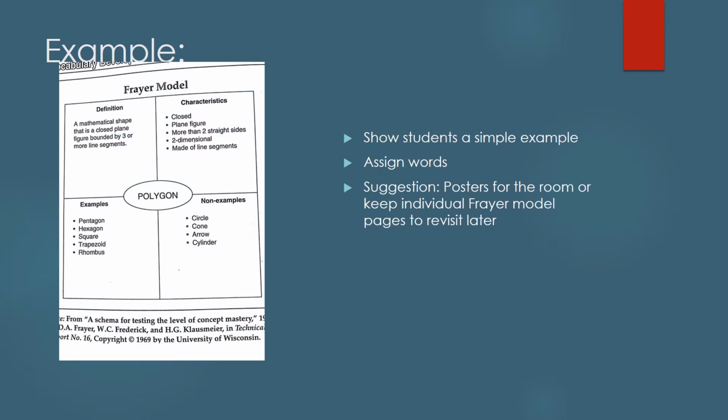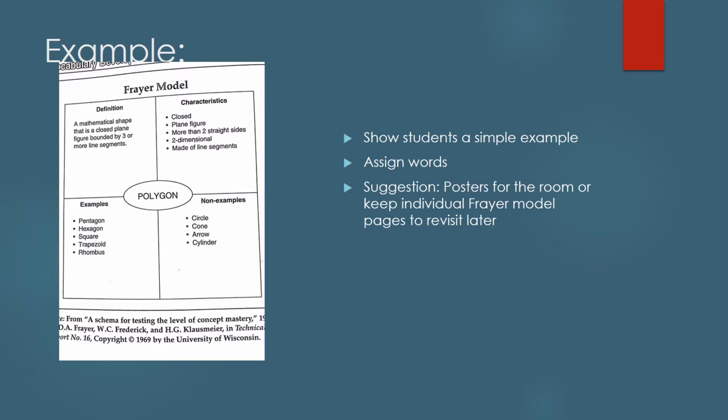So within this example, the word polygon has been chosen. As you can see, the definition was given in the top left as a mathematical shape that is a closed plane figure bounded by 3 or more line segments. The characteristics they chose to put in a bulleted list: closed plane figure, more than 2 straight sides, 2-dimensional, and made of line segments.